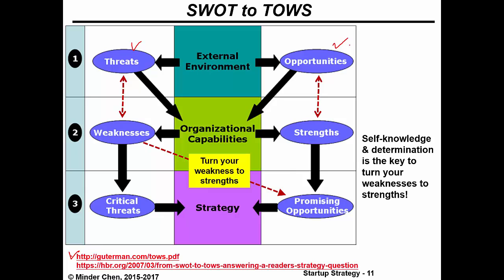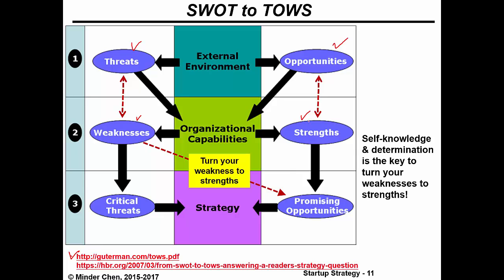Okay, this is not totally black and white. And then you look internally, individually, or look at your organization in terms of your capability. You will identify your weakness and your strengths related to a particular initiative or business model, and related to certain threats and opportunity in the environment.